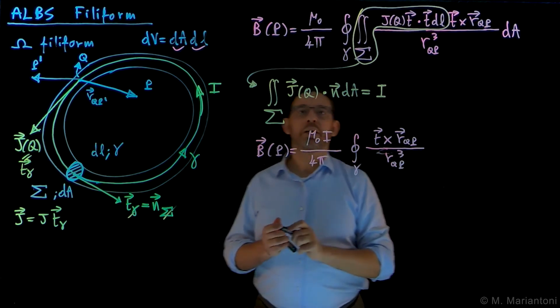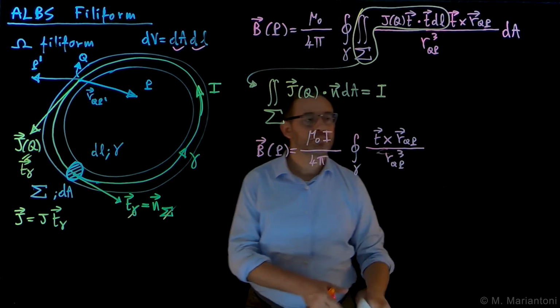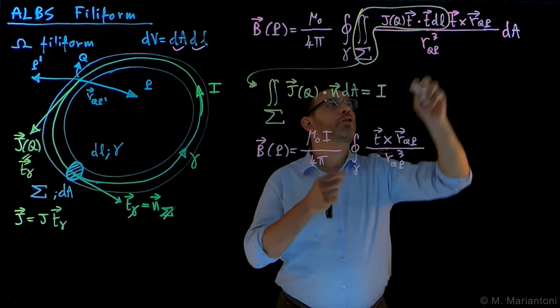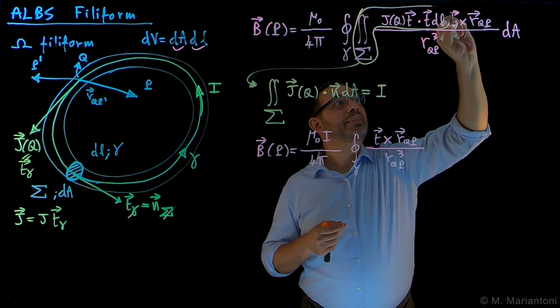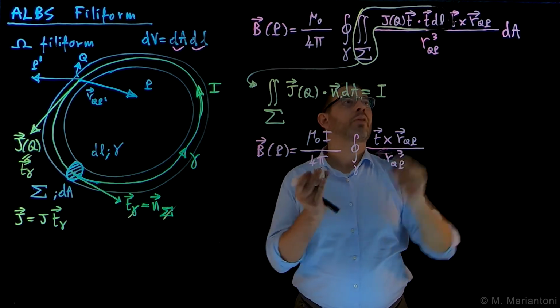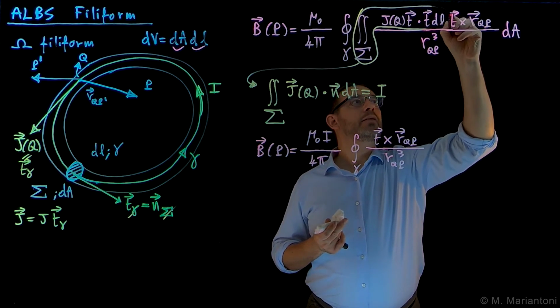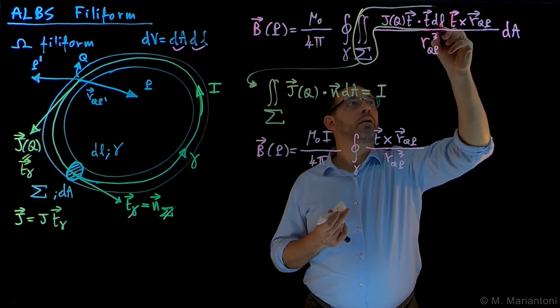Of course, I've done a little mistake here, and I hope you noticed it. So this one is just a vector here. So I should not get this dl. Instead, this one is my t here.